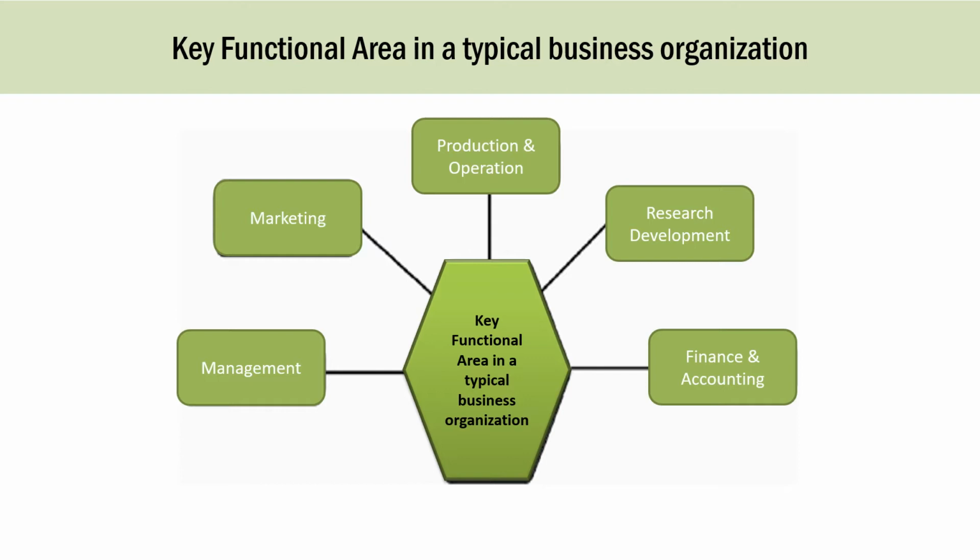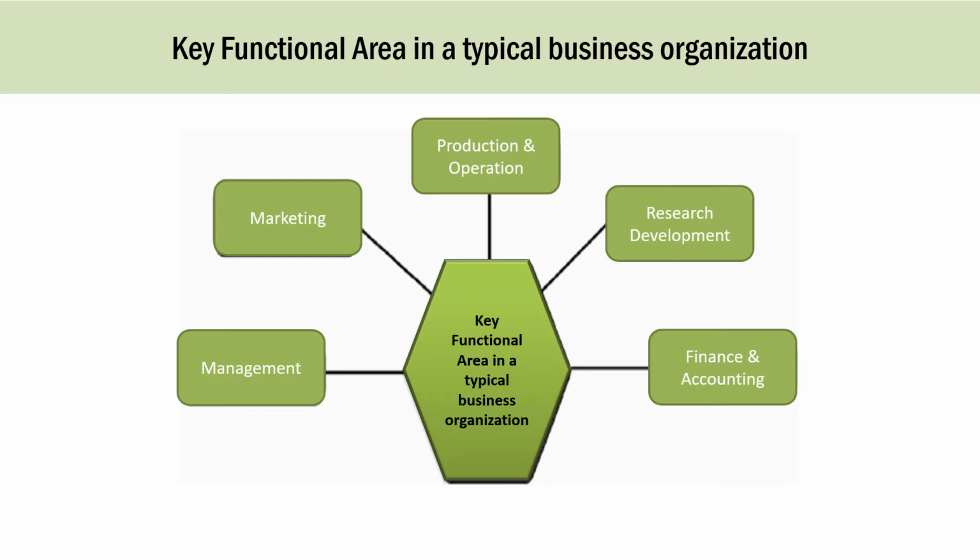Hence, in assessing the internal strengths and weaknesses of a firm, we need to look at their key functional areas. The diagram here shows the key functional areas in a typical business organization. Some organizations may not have all the functional areas.